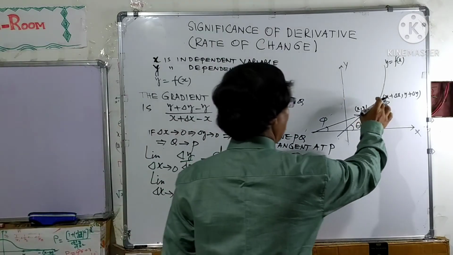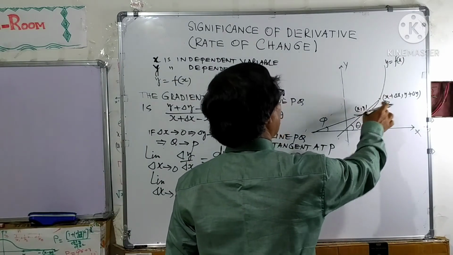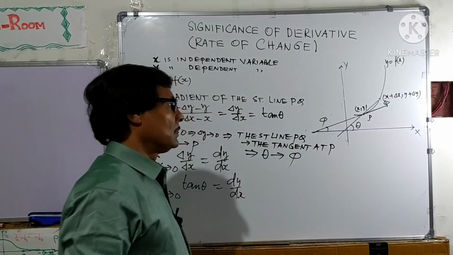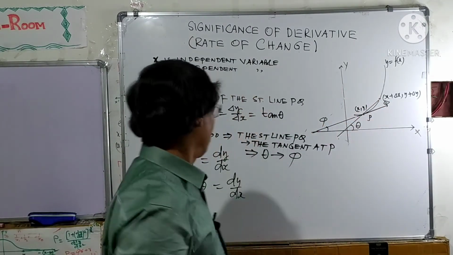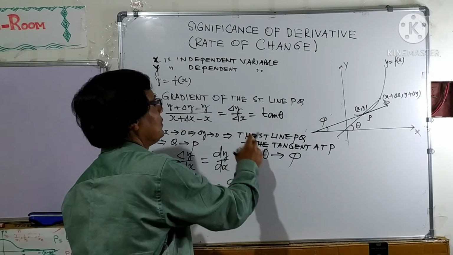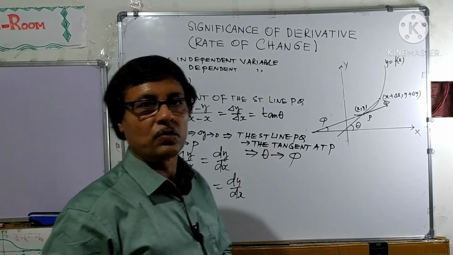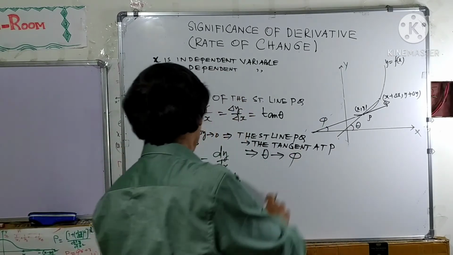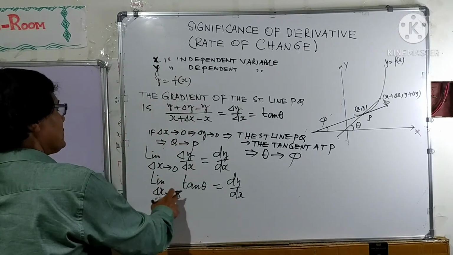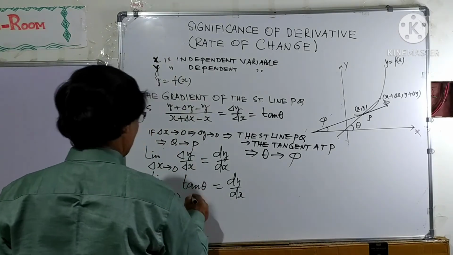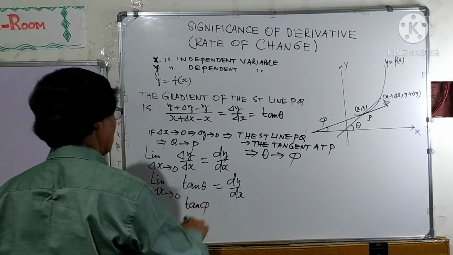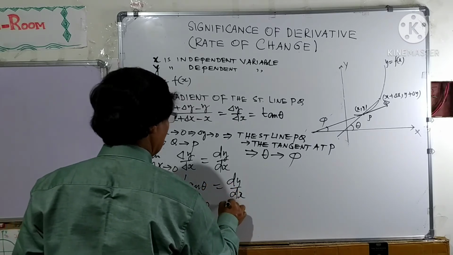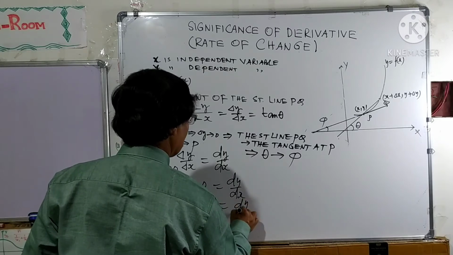when the line PQ approaches the tangent at P, that is, becomes coincident with the tangent at P when del x tends to 0, then theta also approaches phi. So the limit as del x tends to 0 of tan theta equals tan phi, which equals dy dx.